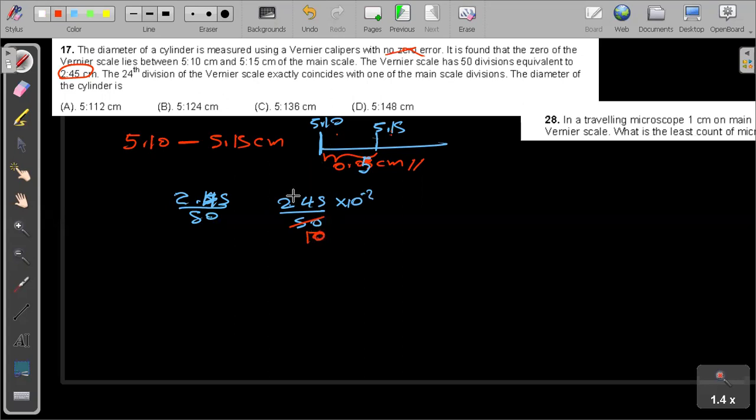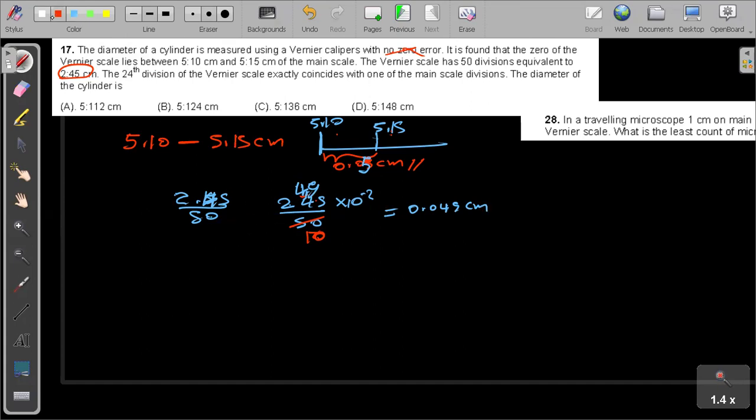So for 200, it's going to be 40 and 5. Sorry, not that, it is 49 parts. 49 parts are there. When you divide it by 4.9 and again multiply by 10 to the power minus 2, that means 0.049 centimeter.